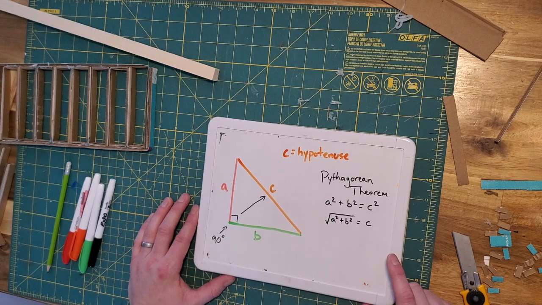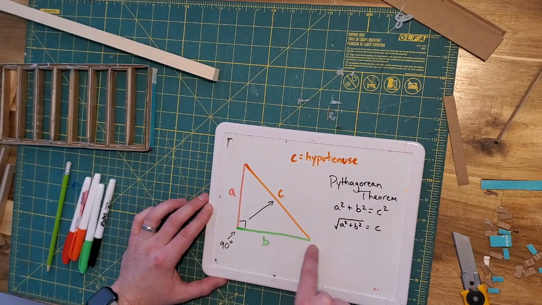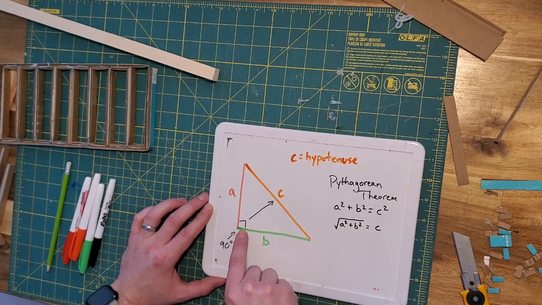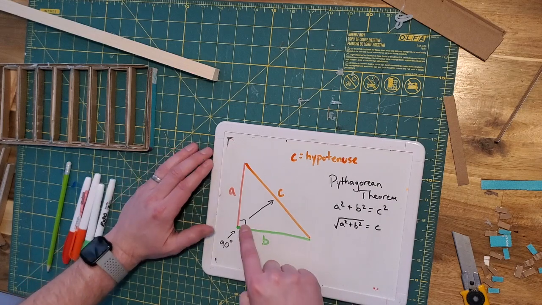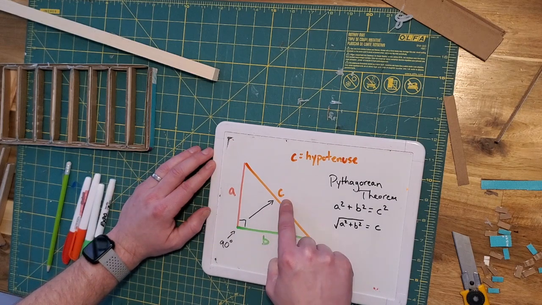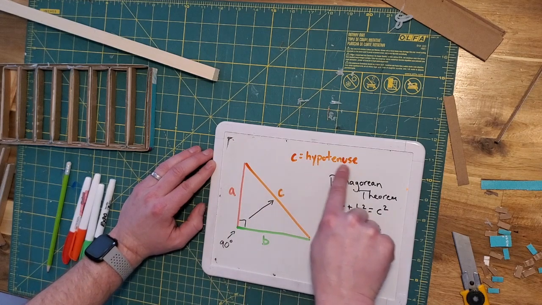Pythagorean theorem states that if you have a right triangle, so here's the 90 degrees, the legs of the right triangle have a relationship with what's referred to as the hypotenuse. And the hypotenuse is here, C. So C is the hypotenuse.